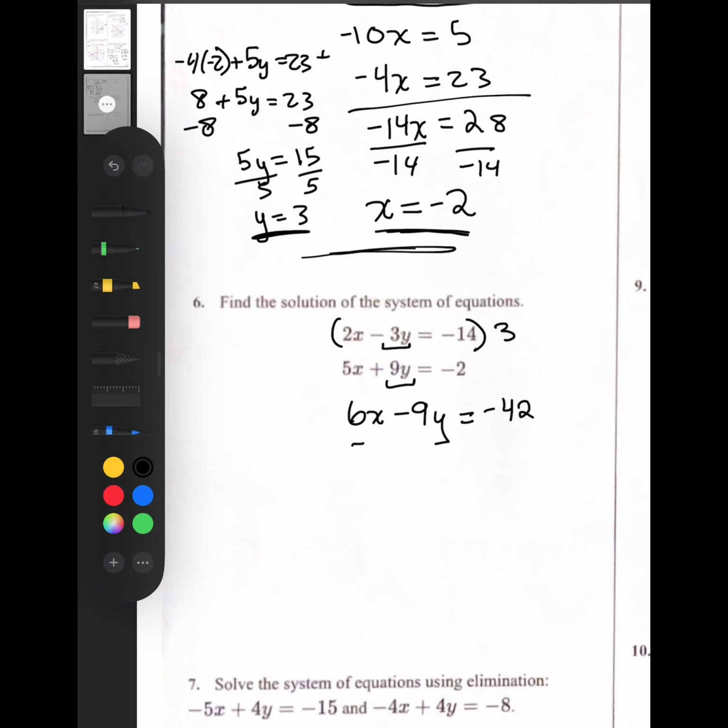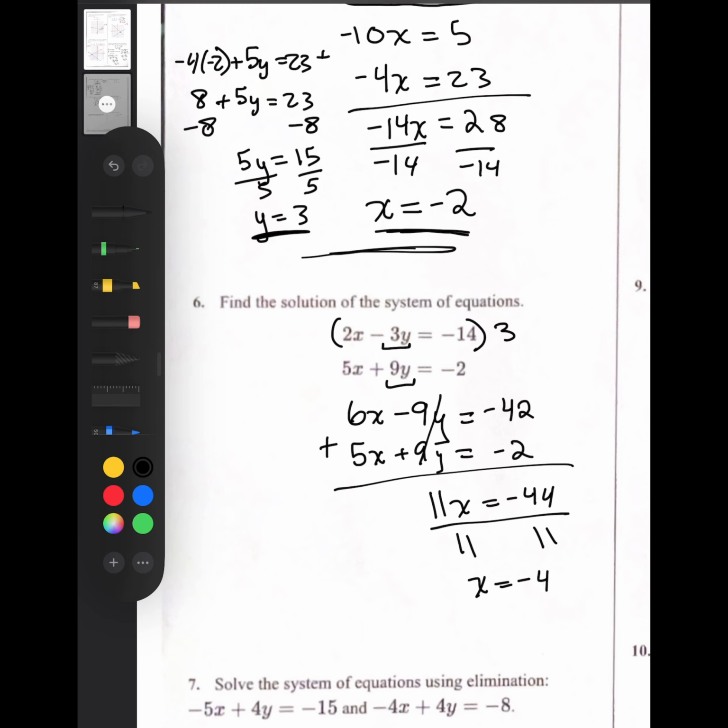Okay, and then we're just going to rewrite this so we keep this together. Okay, these cross out when we add. That gives us 11x equals -44.